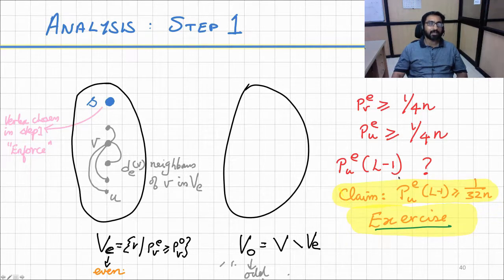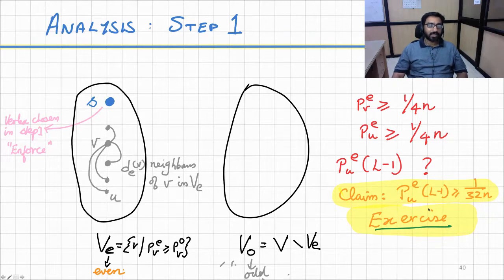So here we're adding a little parameter to this probability. Here we're specifying that the number of random walk steps should be L-1. And this probability, we want to understand this. And our claim is that this probability is not too small. It's at least 1 over 32n.